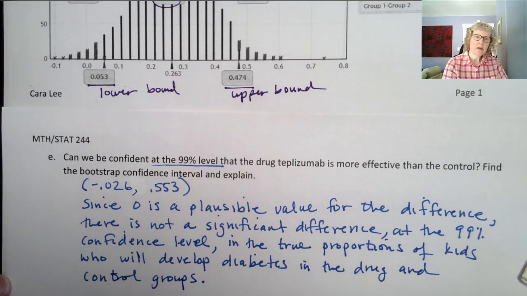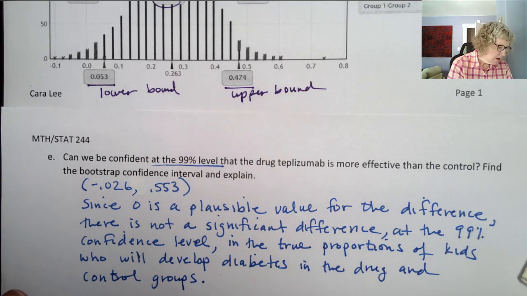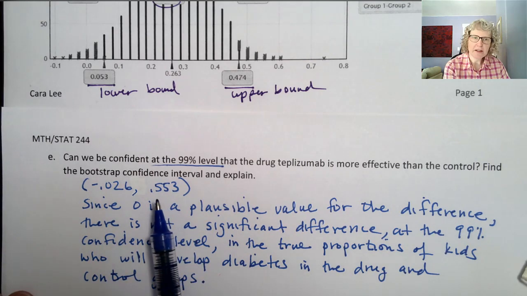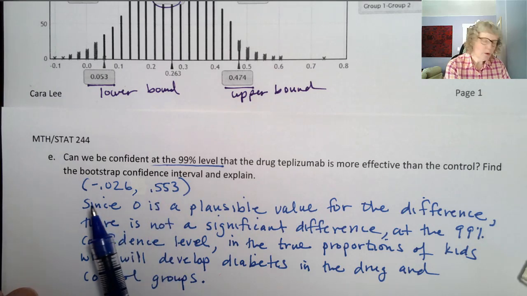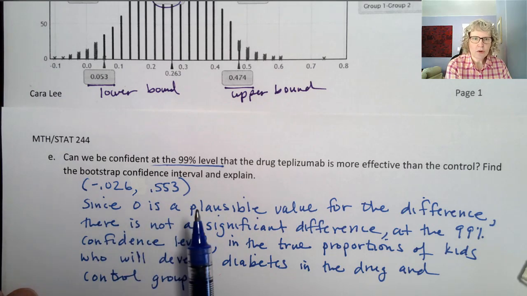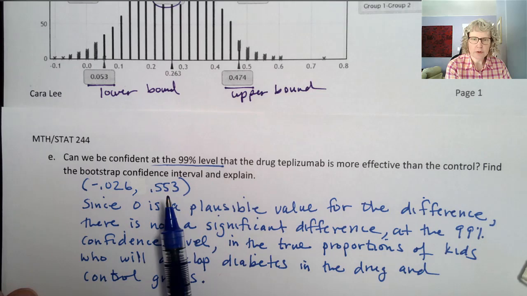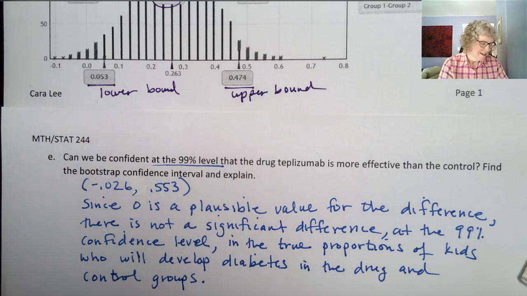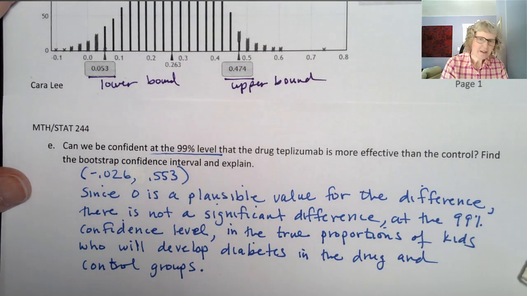Okay, we can't say which is higher because one could be negative and one positive. That means the control group could be higher, or the drug group could be higher. I may not have pointed in the right order in those, but we'll get more practice with that.